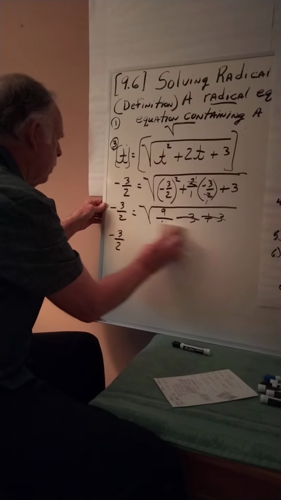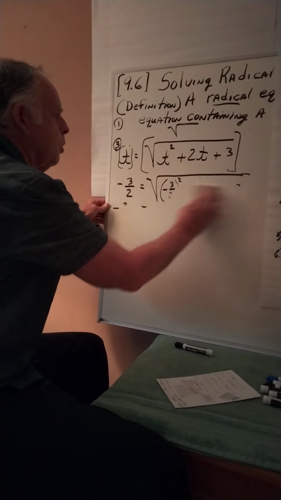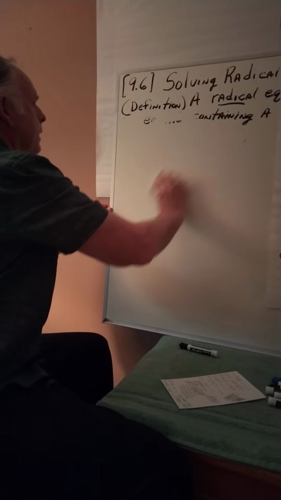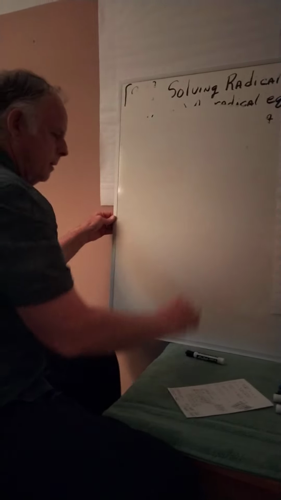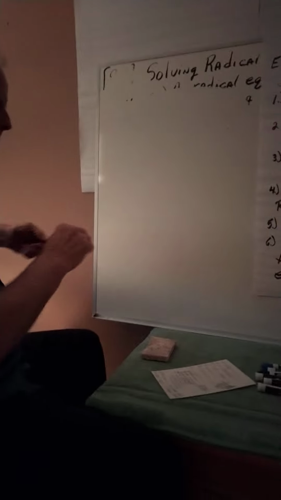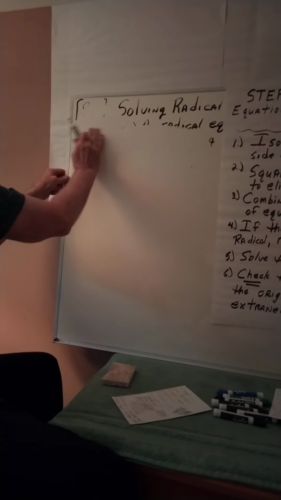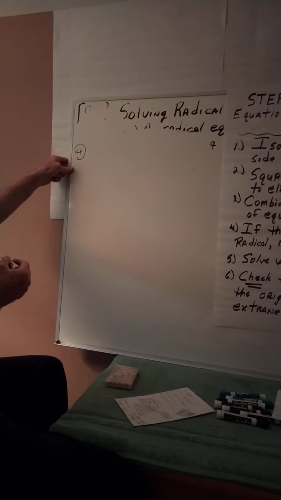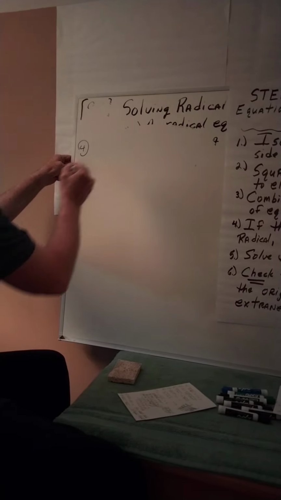Because that's exactly what it would be, assuming that there was only one proposed solution that the given radical equation had. Okay? Let's move to number 4. Number 4 will move into the next set of problems that you'll see.